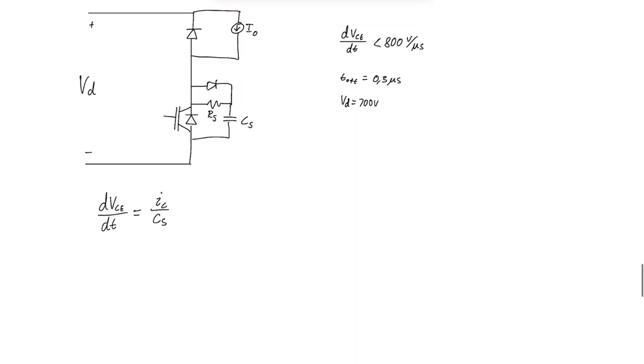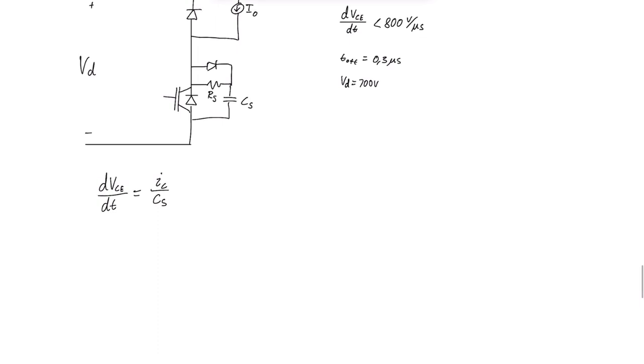And now we know that this here needs to be lower than this one, right? So we could set it lower than 800 volts per microsecond.